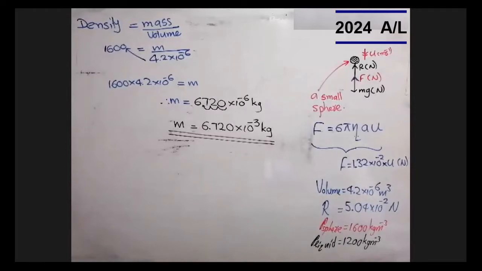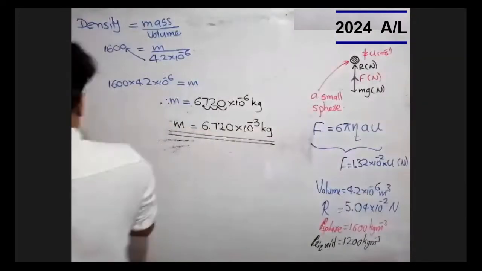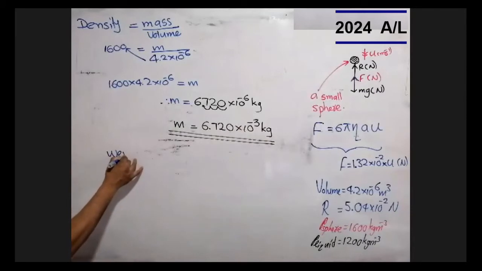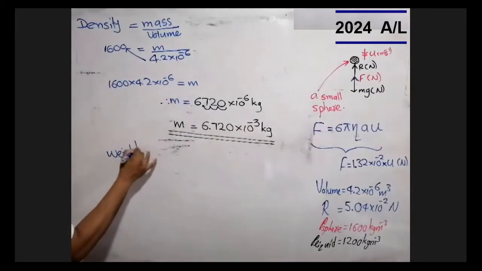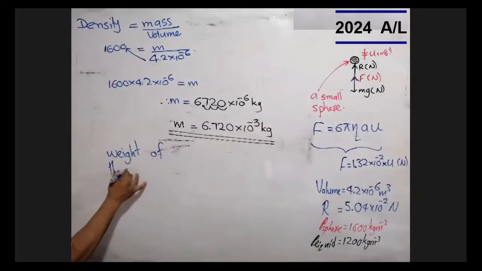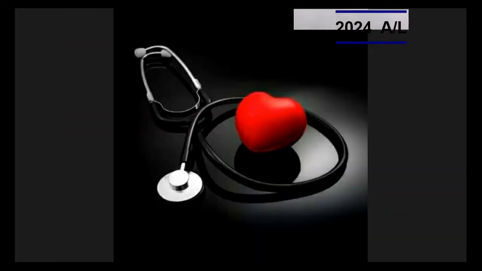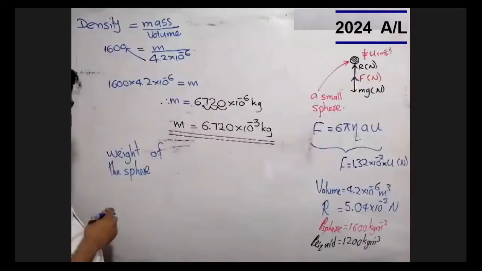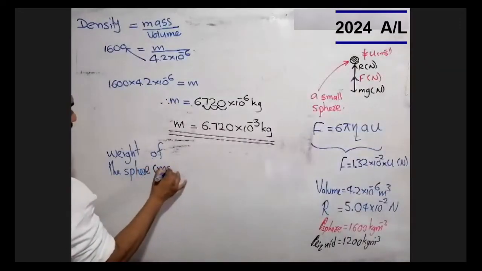Then we can find the weight of the sphere. If we know the mass, the weight of the sphere can be found by this equation. Weight of the sphere means the gravitational attraction force given by the earth, that is mg.